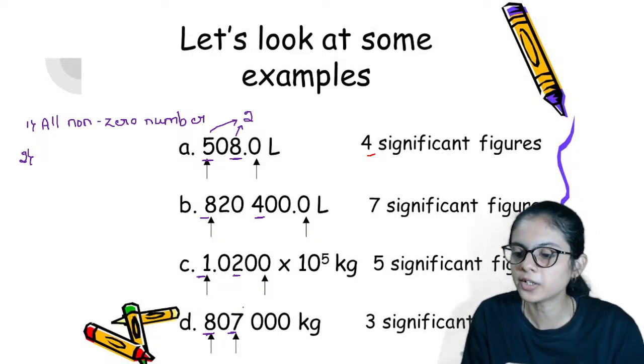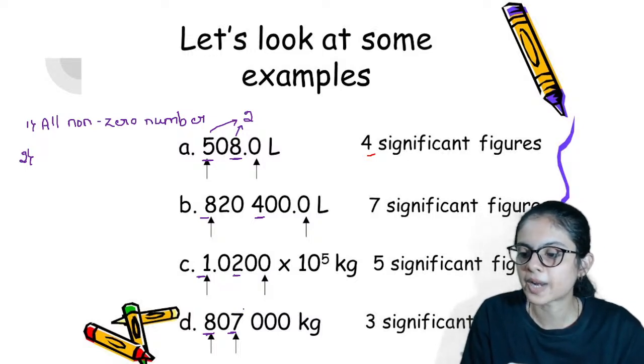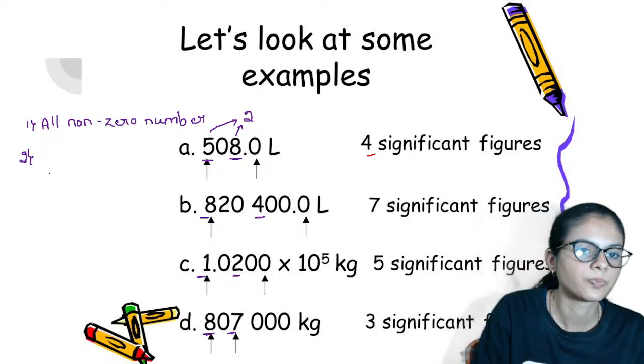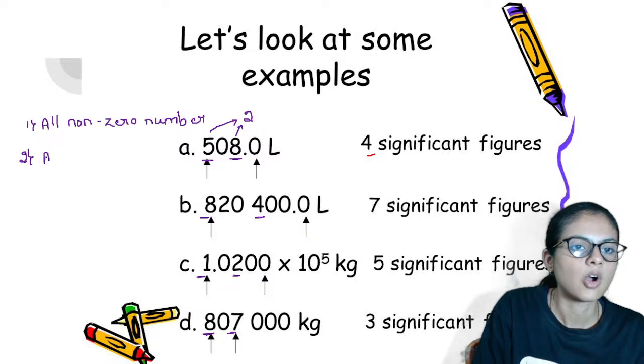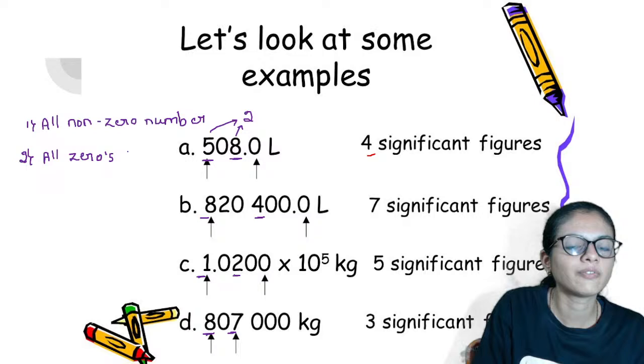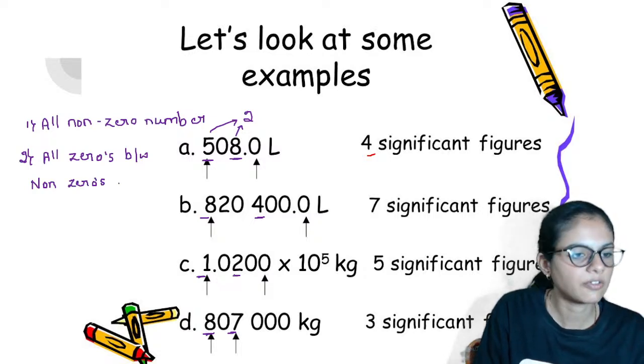Then what's the next point? All the zeros present between non-zero digits are significant. So listen carefully. All zeros between non-zeros are significant.